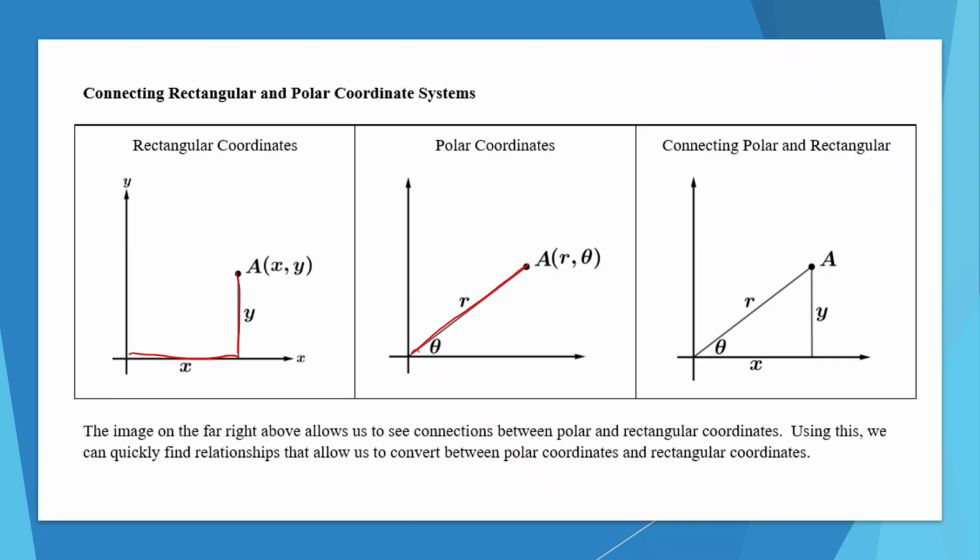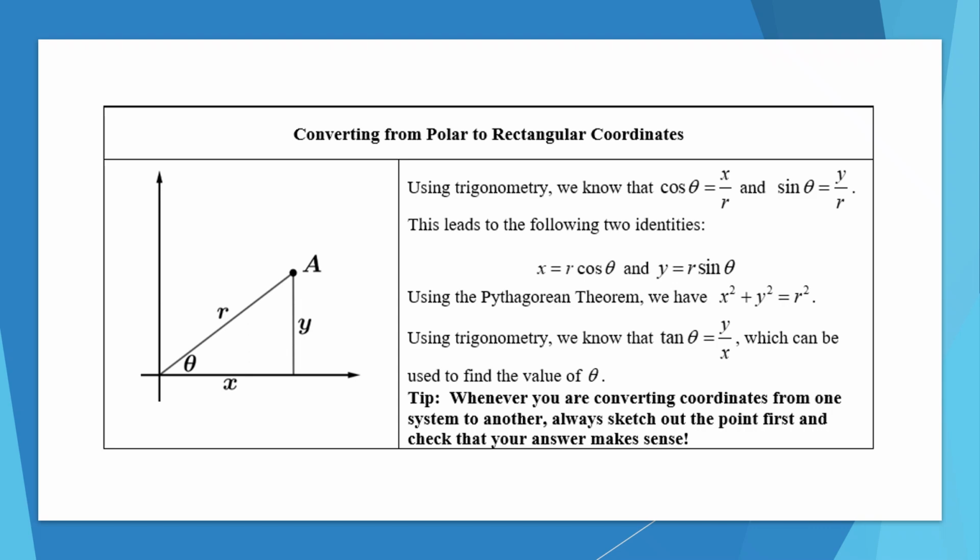This kind of shows the connections between polar and rectangular coordinates, and so we can convert from one to the other now just using trigonometry that everyone knows and loves. So here, remember, if we wanted to find cosine of this angle, of this triangle right here, cosine is going to be equal to x over r.